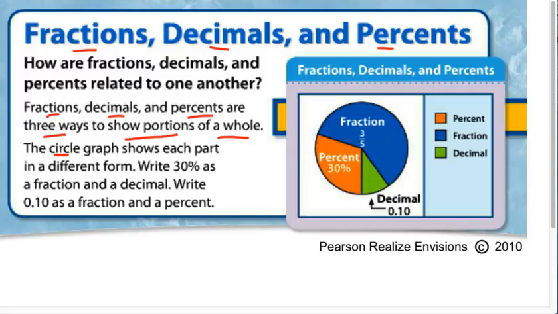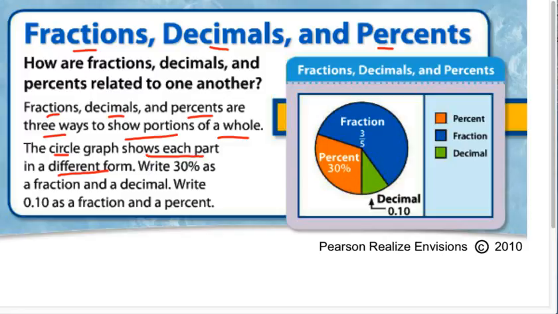The circle graph shows each in different form. Okay, so we have 35% of the circle graph is blue, 30% of it is orange, and 10 hundredths is green.